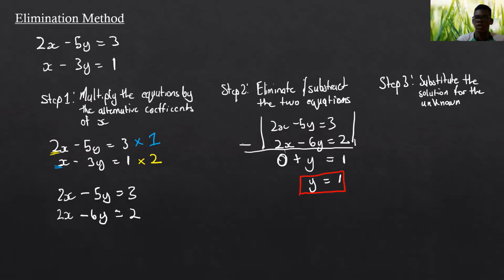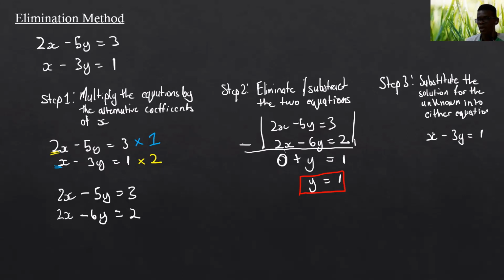So substitute the solution for the unknown into either equation. You can pick any one of the two, and I keep telling you that it's always easier to pick the one where there is no coefficient, no number in front of one of your variables. It makes your life a bit easier.